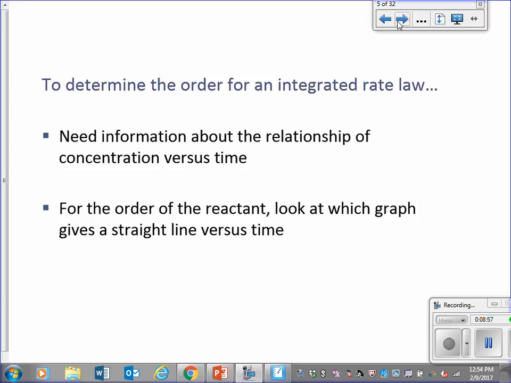Whichever one does come out to be a straight line, that's going to be the order of that particular reaction. So, one of them is natural log of the concentration versus time. That's first order. Second order is the inverse of the concentration versus time. And zero order is just the concentration versus time. So we'll be graphing them in our calculator to make it easier. And when we do that, we'll be able to tell which one comes out with a straight line, and that will be the order of the reaction for the rate law.